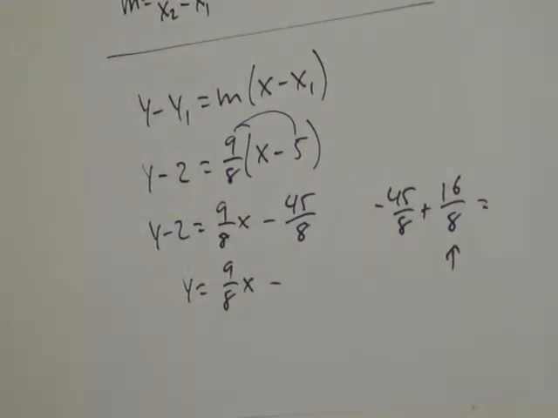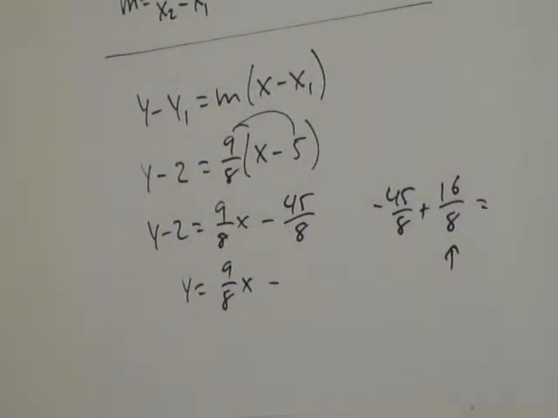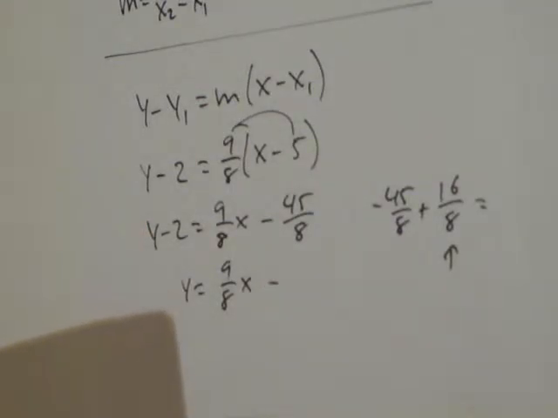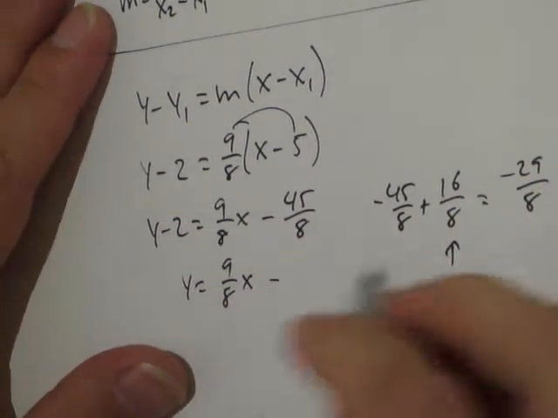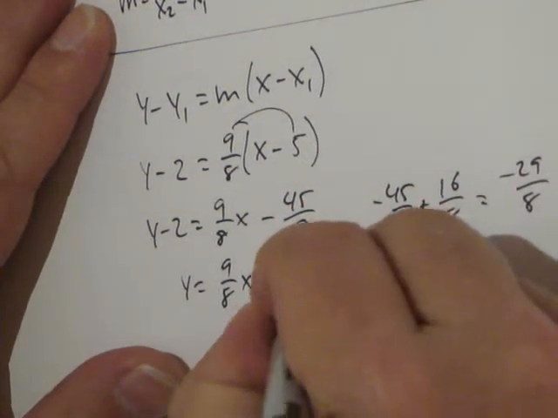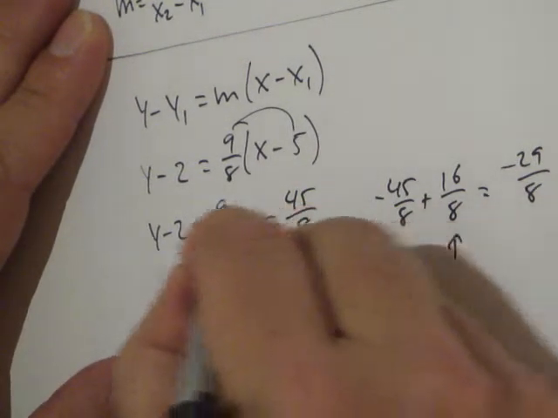So what is that? Negative 45 plus 16 is negative 29. So we get negative 29/8. So it's going to be minus 29/8. And there we go.